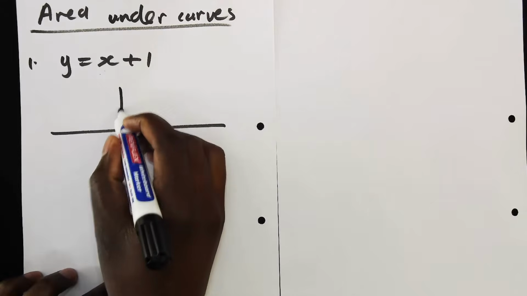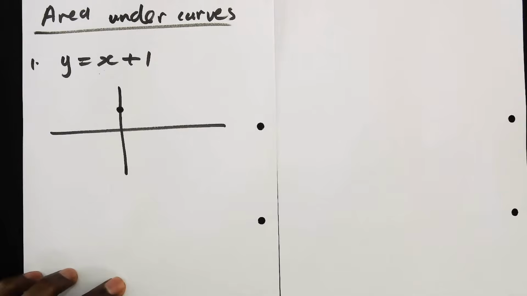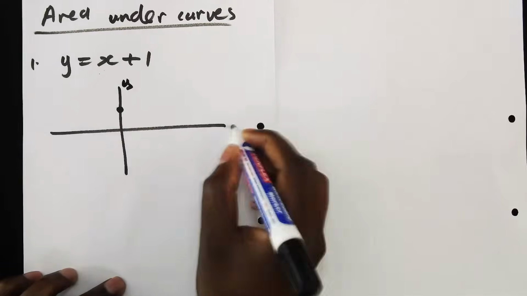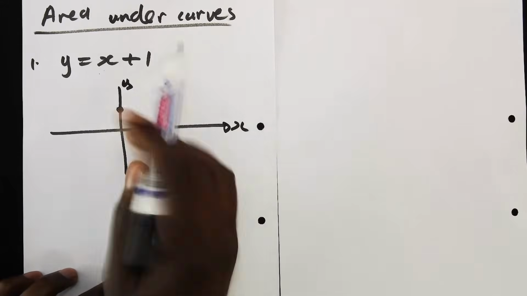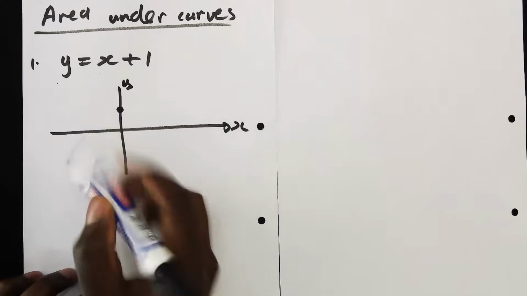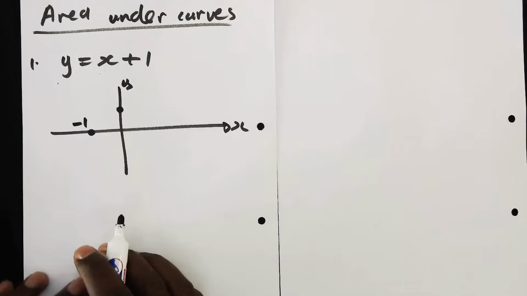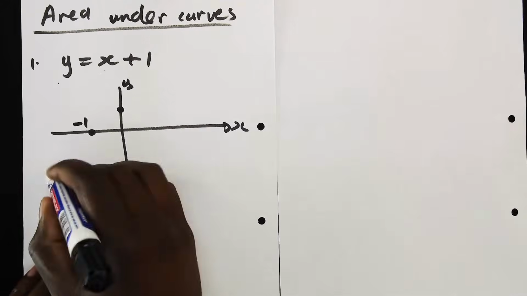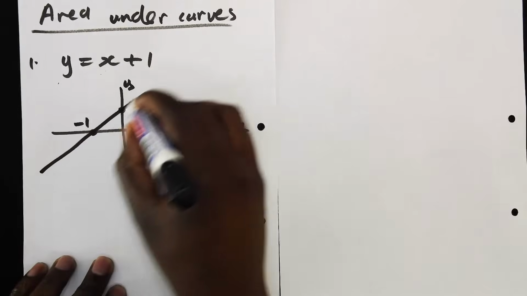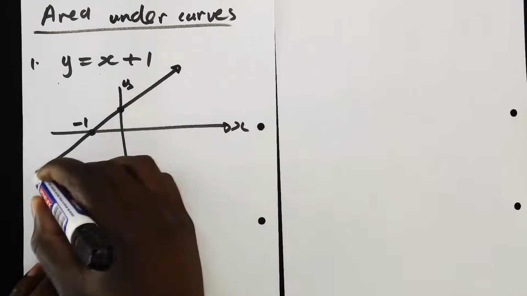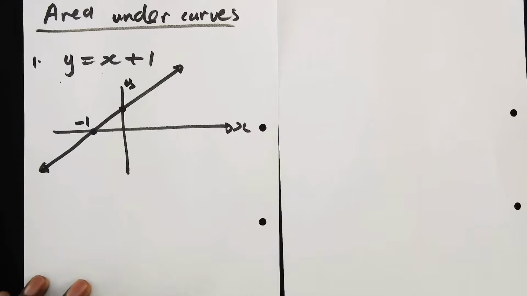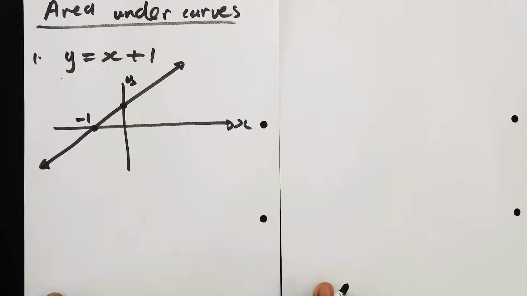You'll find the y-intercept where y is 1. If you let y equal 0, x will be minus 1. Easy as it is, therefore you plot the graph. So we've sketched the graph in this x and y axis.